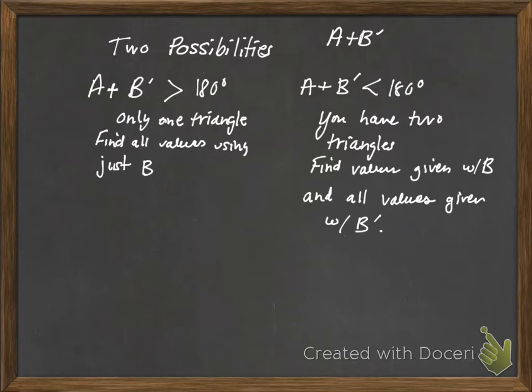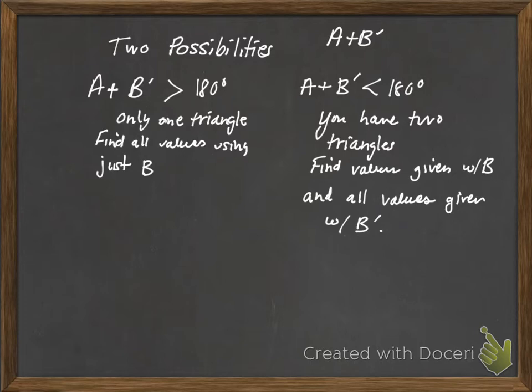So if I find the given angle A plus B supplement is greater than 180, then that doesn't make sense. That means that I have only one triangle, and I'm going to find all my values using just angle B. If, when I add A plus B supplement, it is less than 180 degrees, that means you have two triangles.